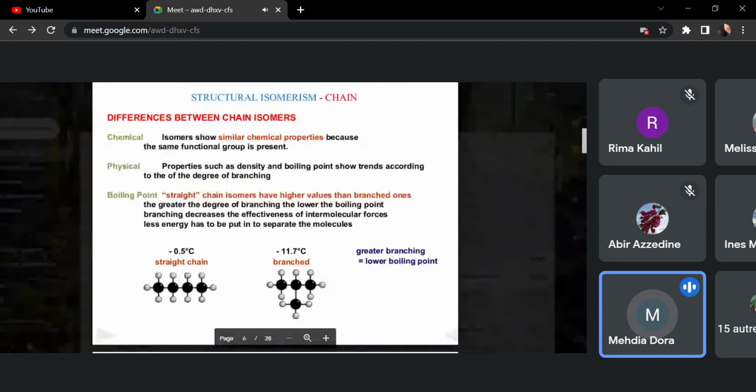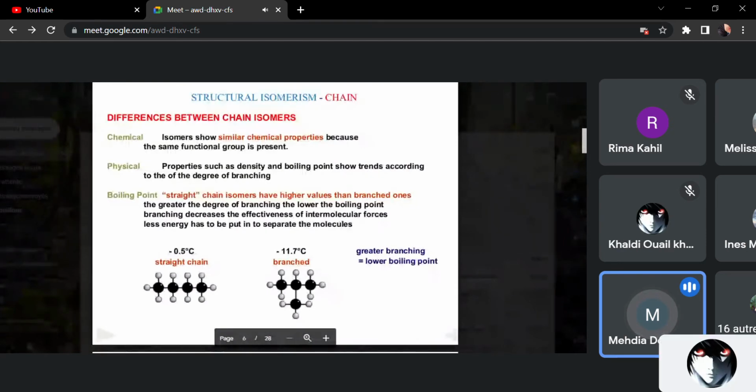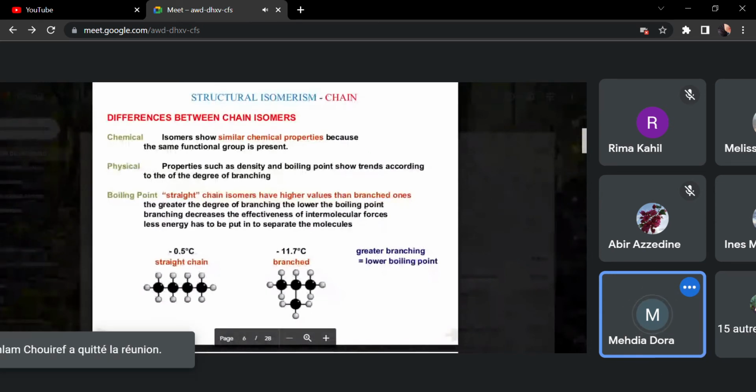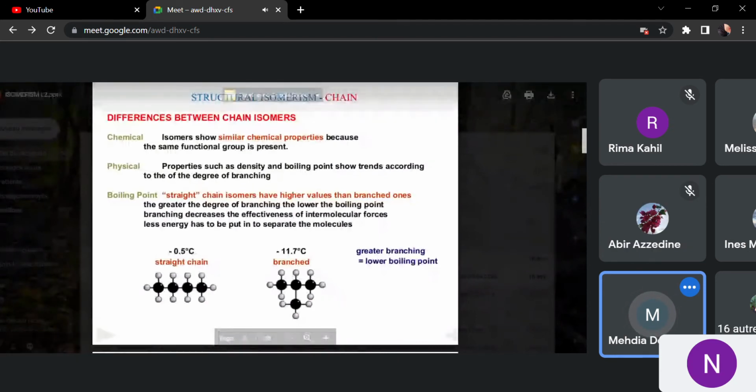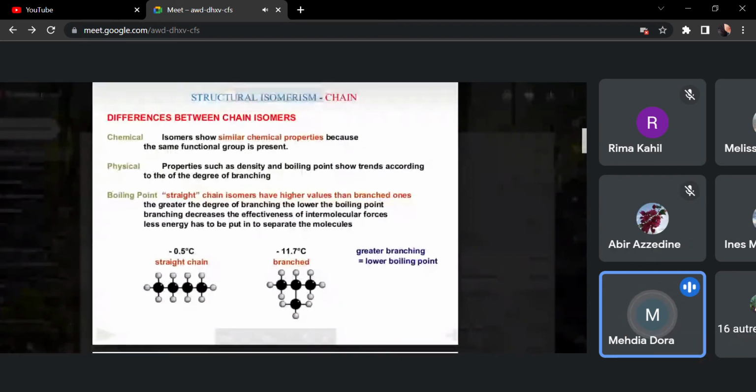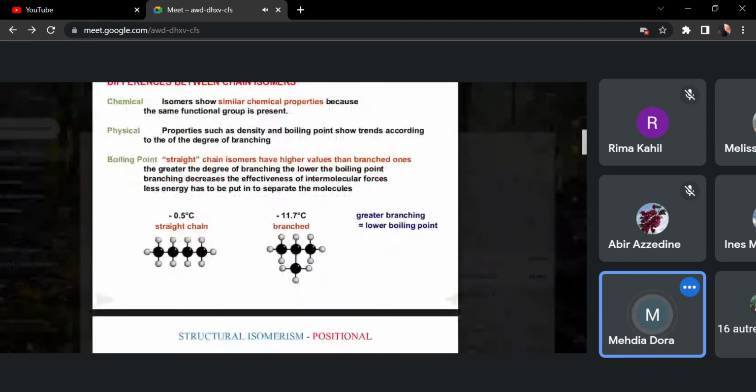So the chemical properties are slightly the same, the physical ones are different, and the boiling points are different too. If you have more branching, we have a lower boiling point, okay?